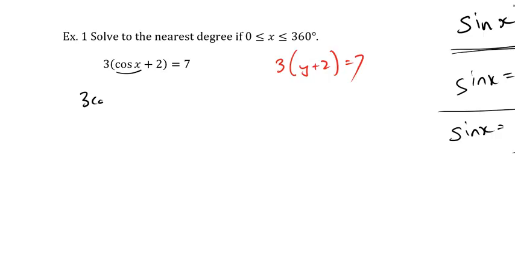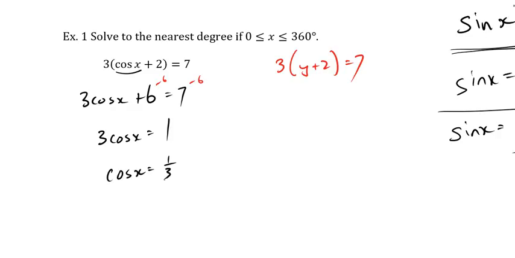So this is going to be 3 cos x plus 6 equals 7. Subtract 6 from both sides. 3 cos x equals 1. Cos x equals 1 over 3.